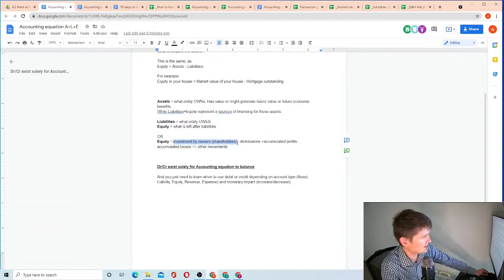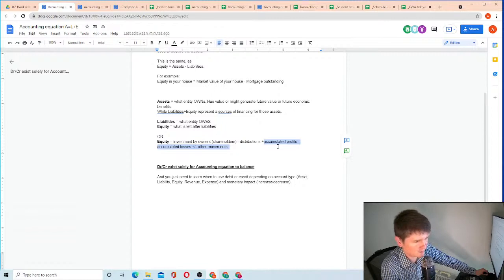So equity in the business is whatever you or shareholders of the business initially invested in that business, less whatever was withdrawn by shareholders, distributions, plus or minus accumulated profits and losses. So if your business loses money, your equity decreases.